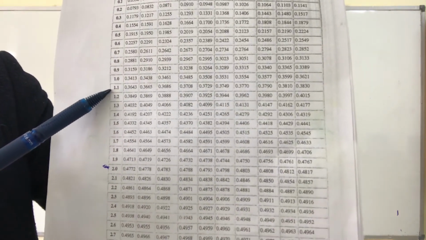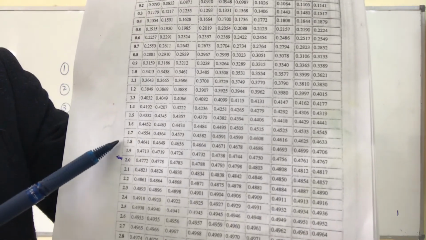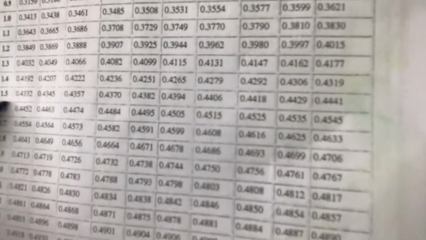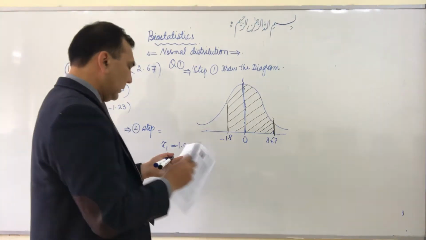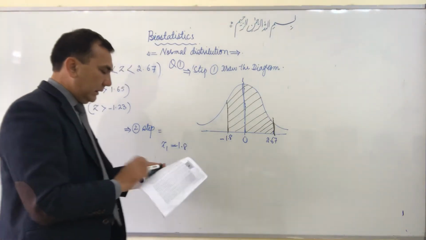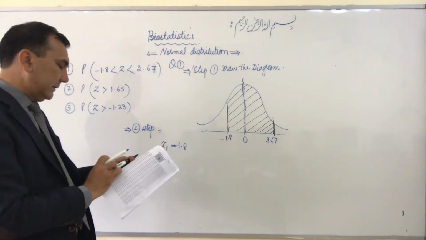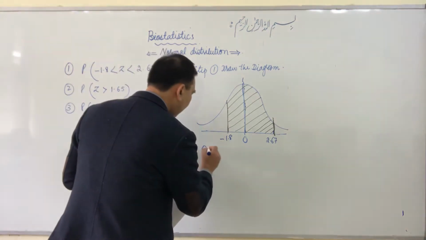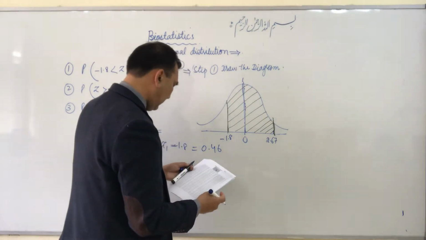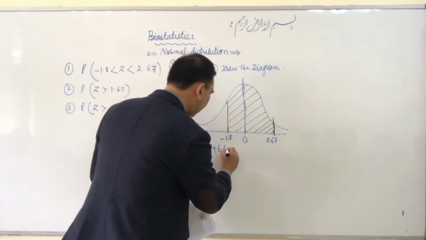Here is 1, and what is the value for 1.8? The value for 1.8 is 0.4641.